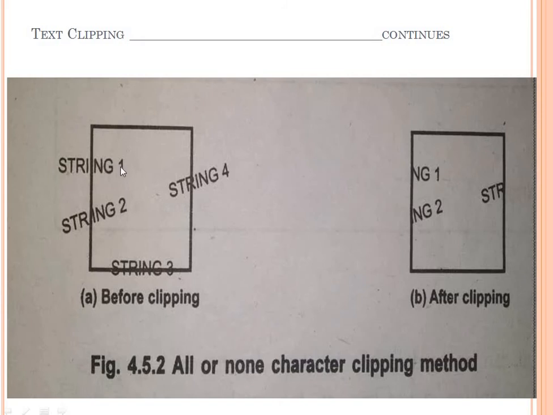Here are the outputs of this all or none character clipping method: NG1, ING2 and STR. Only the characters which are completely inside the clipping window are accepted, not the partially inside ones. The whole character must be completely inside the clipping window to be accepted.